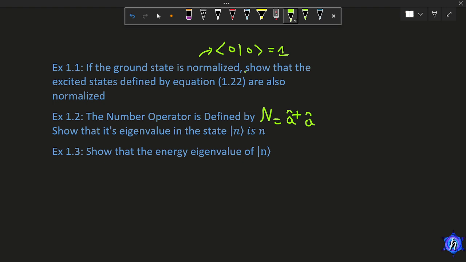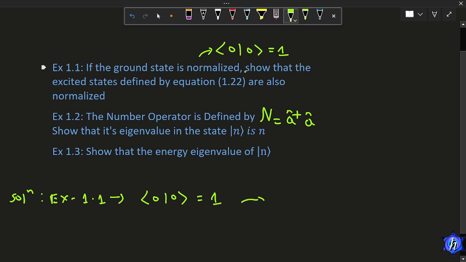I'll write the solution, maybe that would be better. Solution of exercise 1.1. Okay, let's go. We are given that the ground state is normalized, and what we want to show is that the state defined by this equation is also normalized.